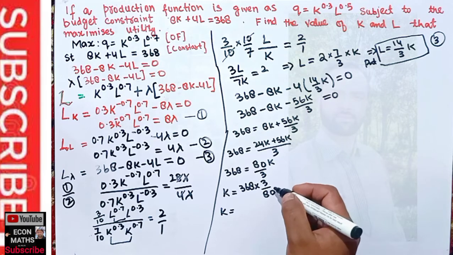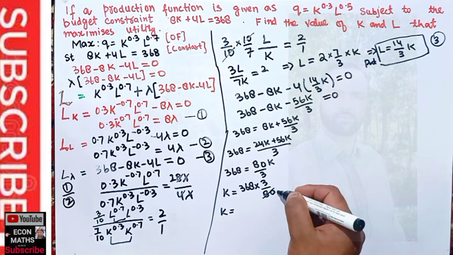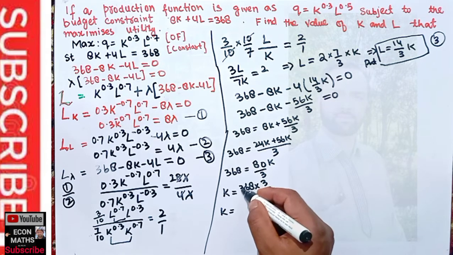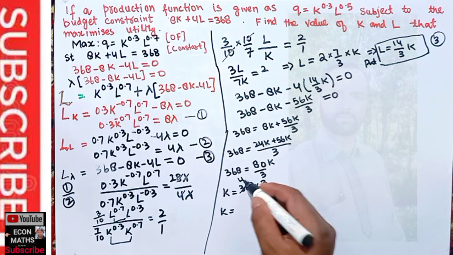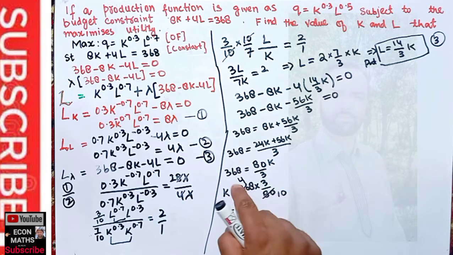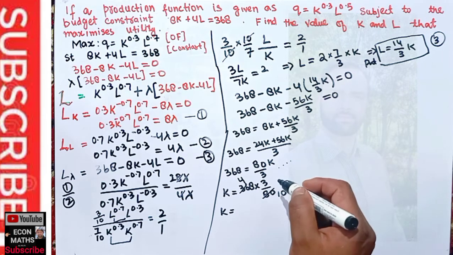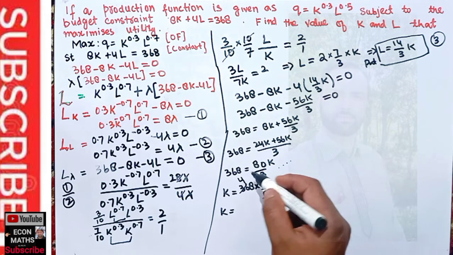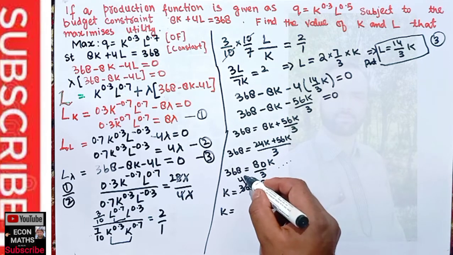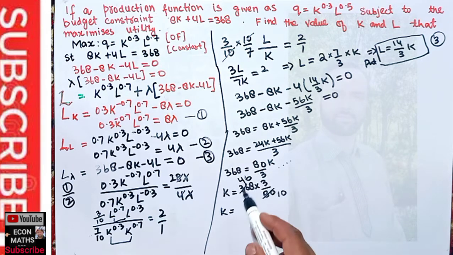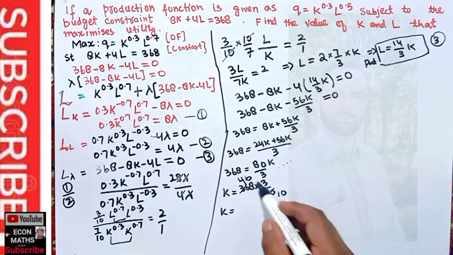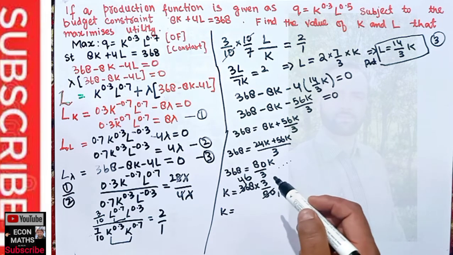What we can do, 8 10s are 80, 8 4s are 32, 33, 34, 35, 36, and 8 6s are 48, so we get 46 into 3 divided by 10, still we can cancel, factor out.